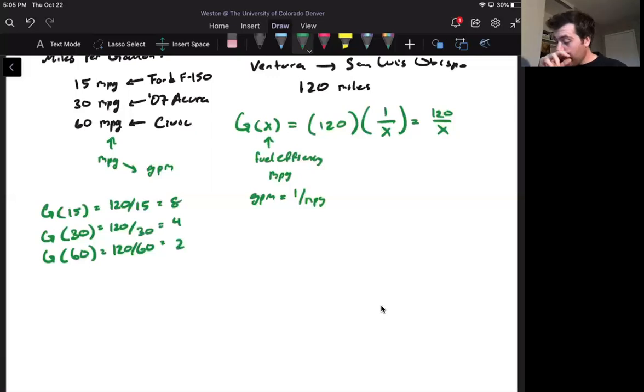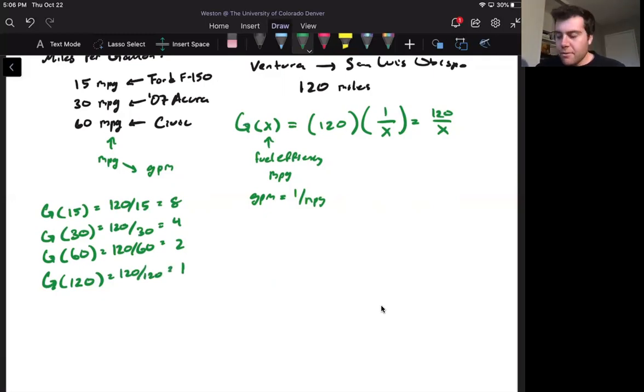But if I switch from a car that gets 30 miles to the gallon to driving my mom's car, I'm actually only saving 2 gallons. So it's not as significant. Even more so, if we look at a car that gets 120 miles per gallon, we get 120 divided by 120, which is 1.